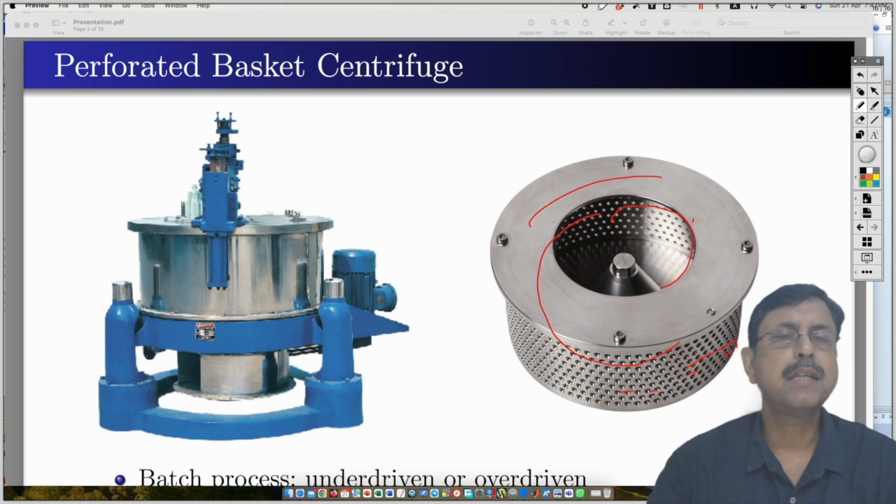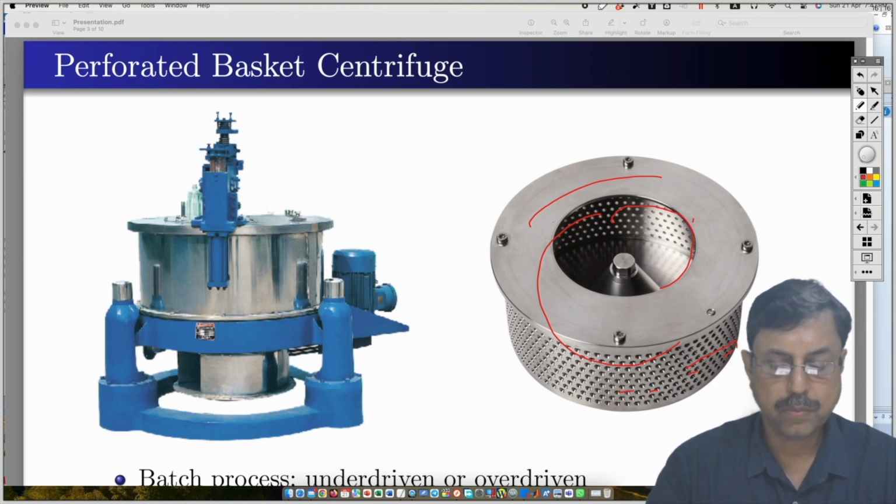So that operation is quite similar to, you might have seen inside the washing machine. To be very specific, the top loading washing machine.